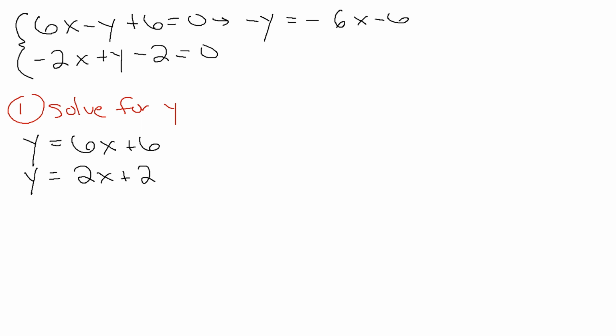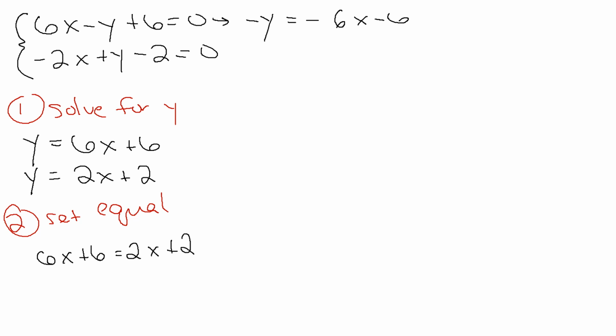All right. So my second step is to set them equal to each other. It's written terribly messy. 6x plus 6 equals 2x plus 2, and now I'm just going to solve for x.